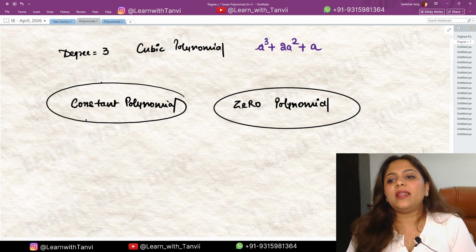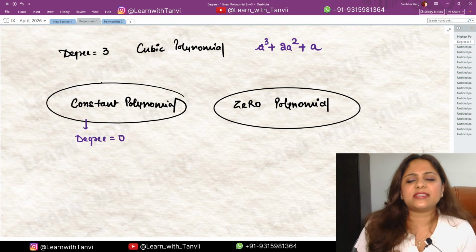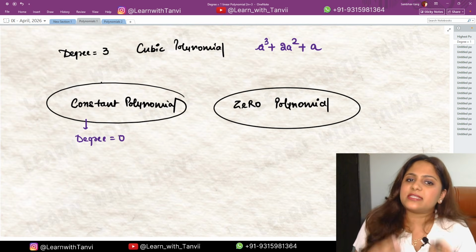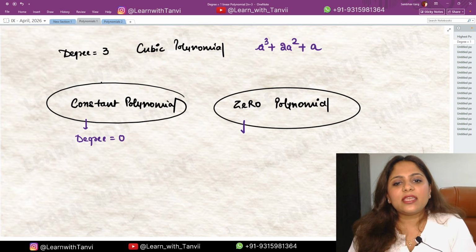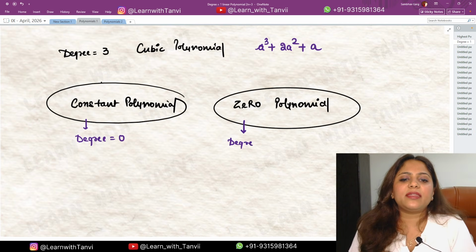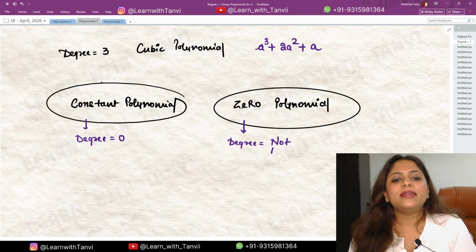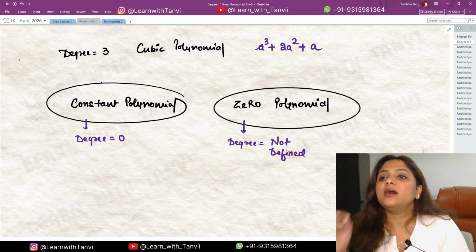Constant polynomial has degree 0. That's it. क्वेश्चन ये था बेसिकली कि डिग्री क्या होती है कांस्टेंट और जीरो की. कांस्टेंट पॉलिनोमियल की डिग्री 0 होती है एंड जीरो पॉलिनोमियल की जो डिग्री होती है वो हम नहीं बता सकते, नॉट डिफाइंड होती है, कुछ भी हो सकती है, हमें नहीं पता.